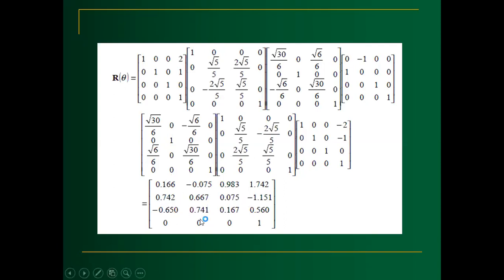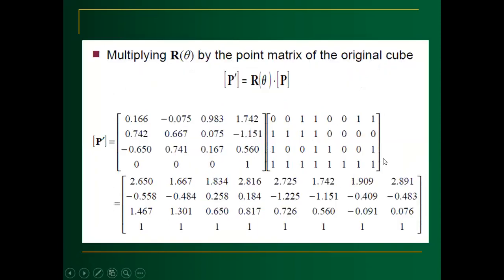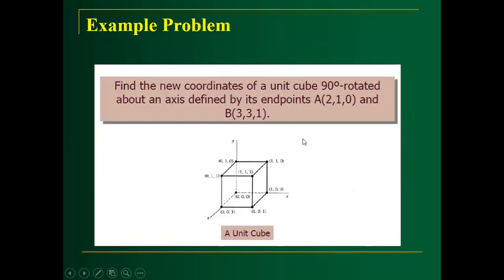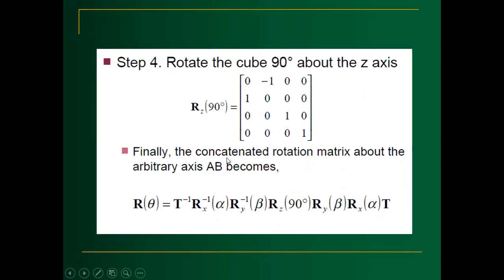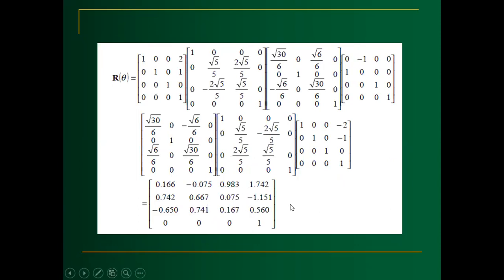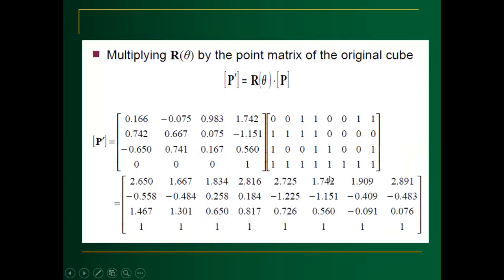So you need to multiply these with x comma y comma z, that is, these guys. So how many guys? 8 guys. So the ultimate R theta should be multiplied with 8 guys.